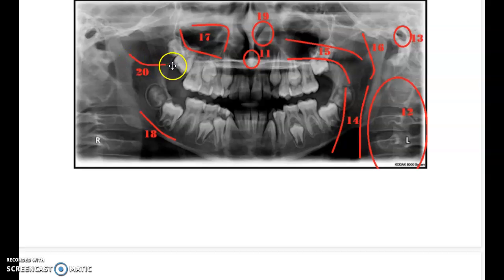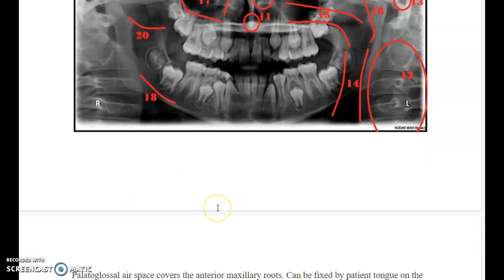It's hard to see here because it turns dark right away, but it's usually in between the condyle and the coronoid notch or sigmoid notch. It's a radiolucent concavity located distal to the coronoid process and superior to the border of the ramus.